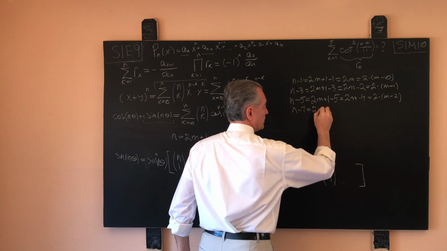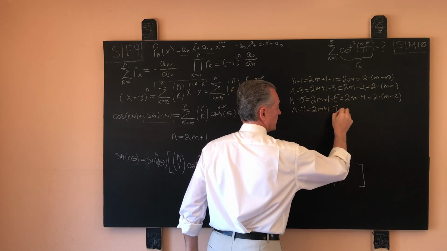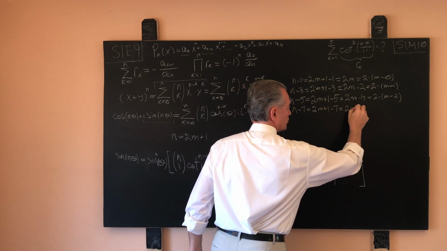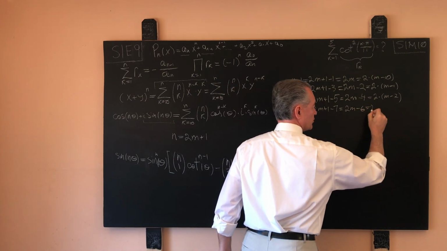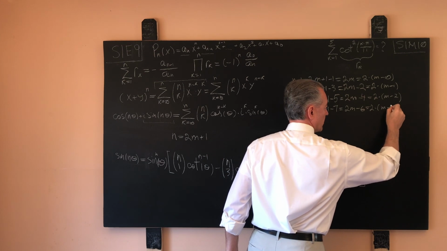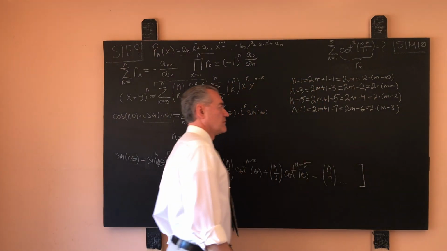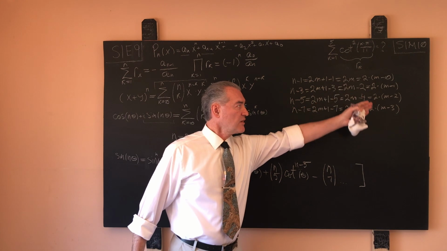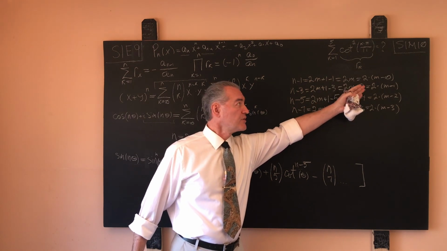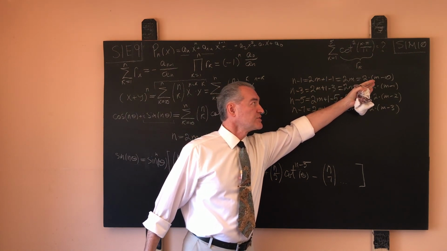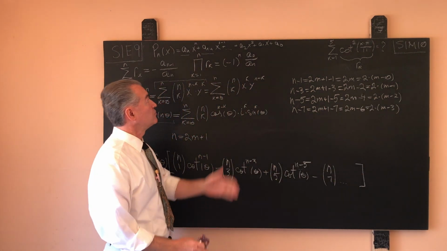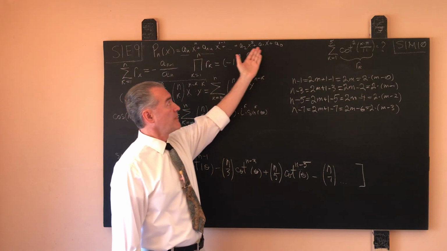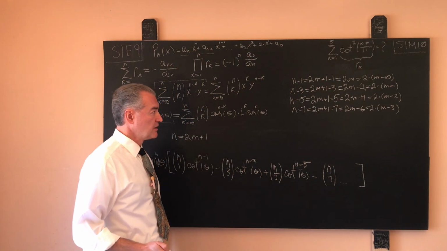And that will be 2m plus 1 minus 7 equals 2m minus 6. That can be represented as 2 times m minus 3. So now we have a nice pattern of diminishing numbers m in exactly the way in which the powers in a mystery polynomial diminish.